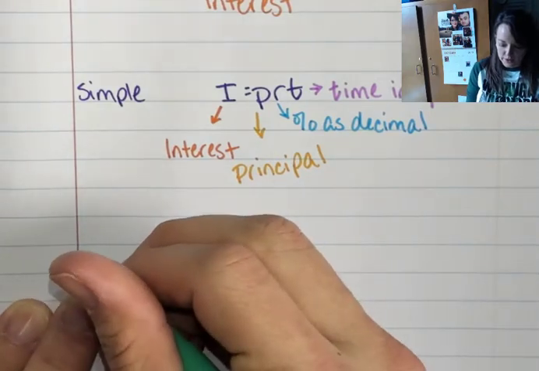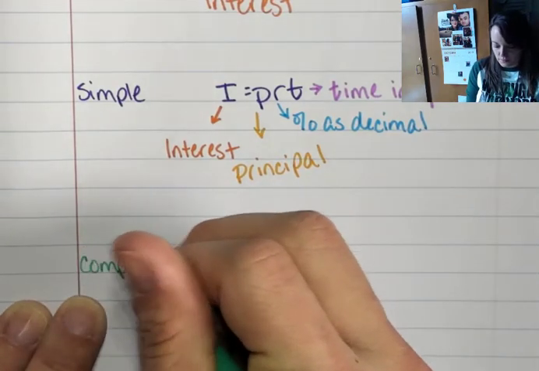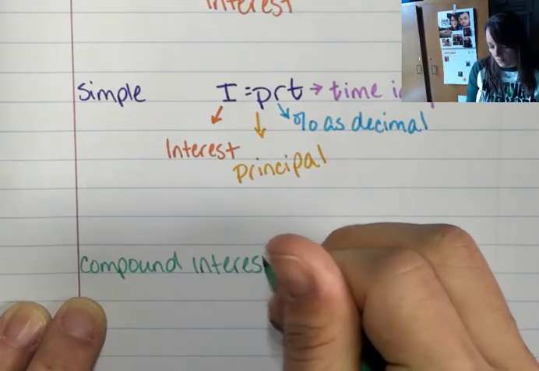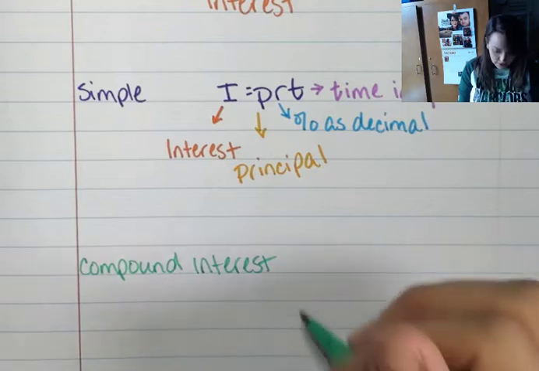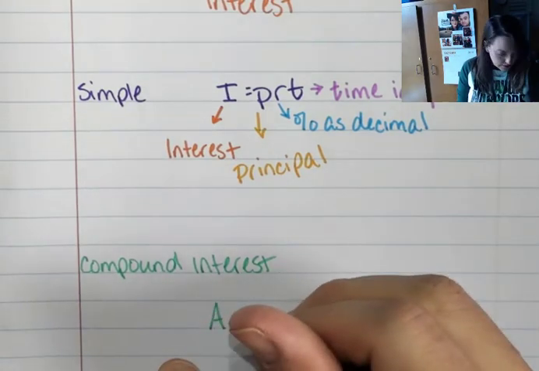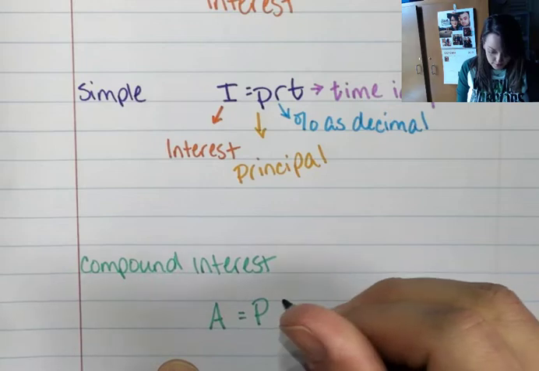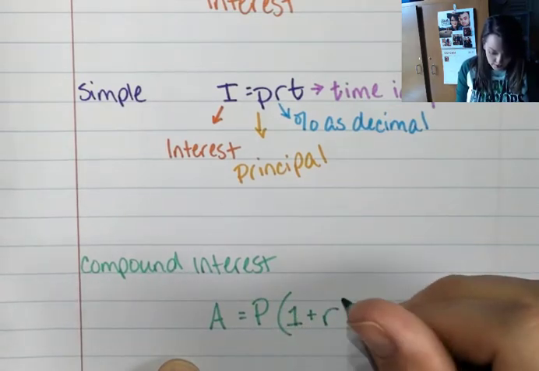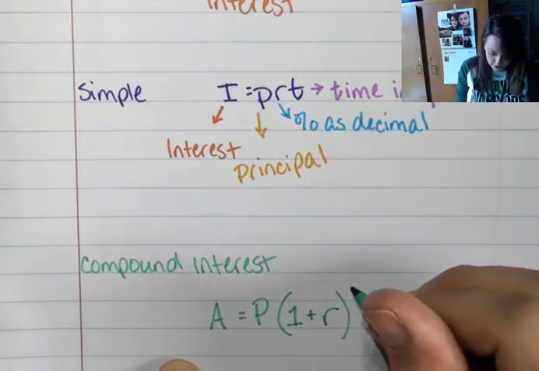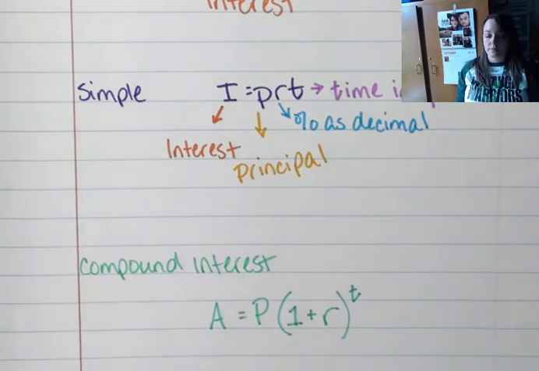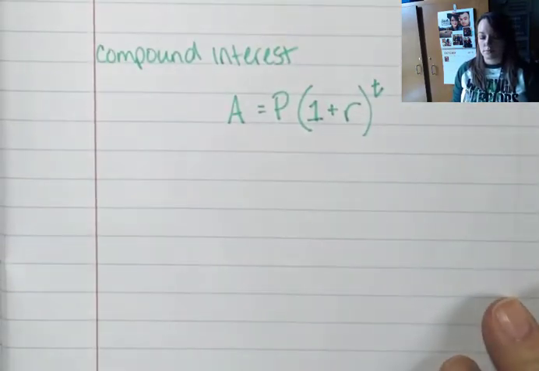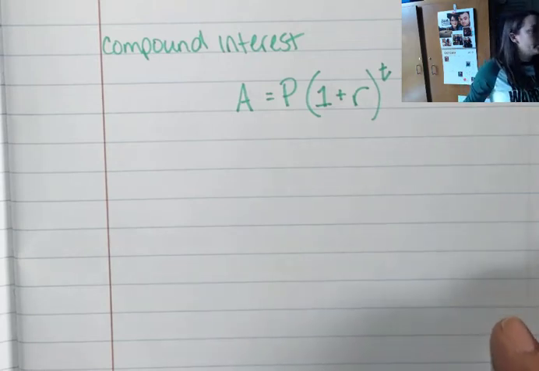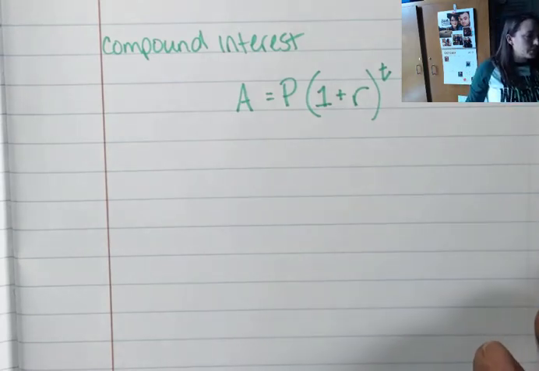Compound. This one is where things get weird. Compound interest formula is A equals P parentheses 1 plus R close parentheses to the T. Compound interest means they're going to calculate your interest multiple times.